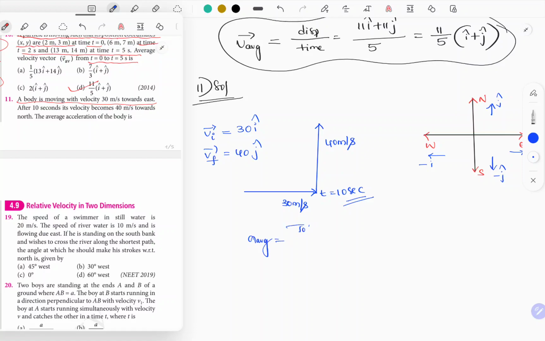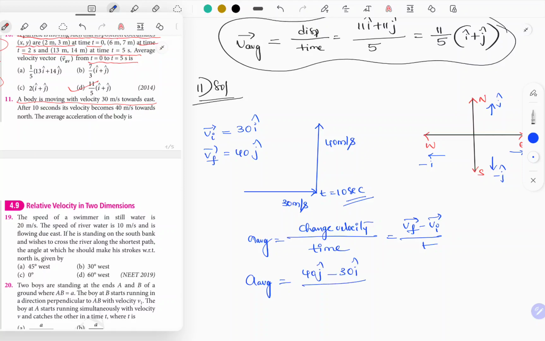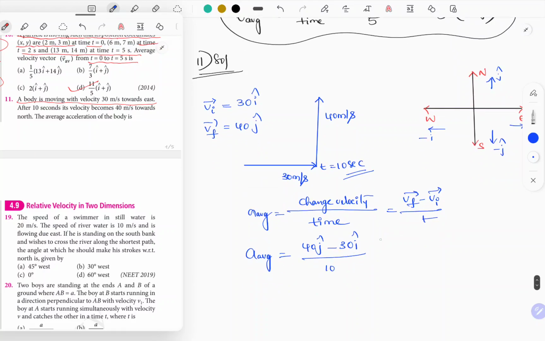Average acceleration is total change in velocity divided by total time. Change in velocity is nothing but final velocity minus initial velocity. So average acceleration is equal to final velocity 40 j cap minus initial velocity 30 i cap, divided by time taken, 10, which is equal to 4 j cap minus 3 i cap.